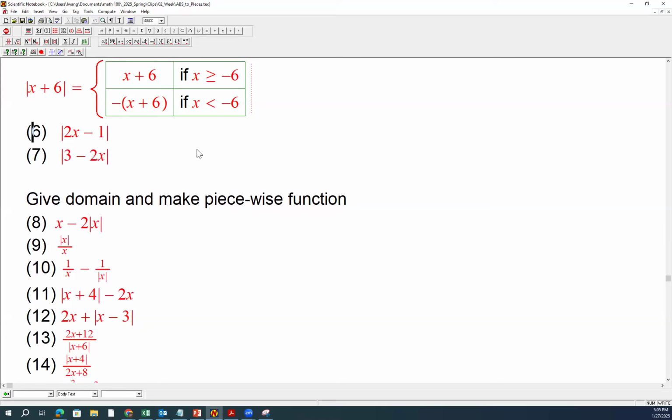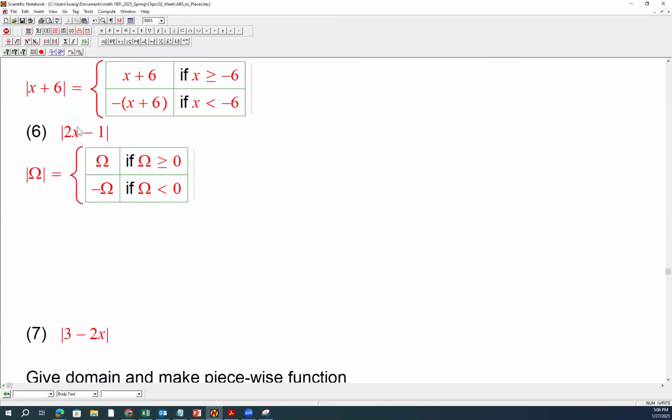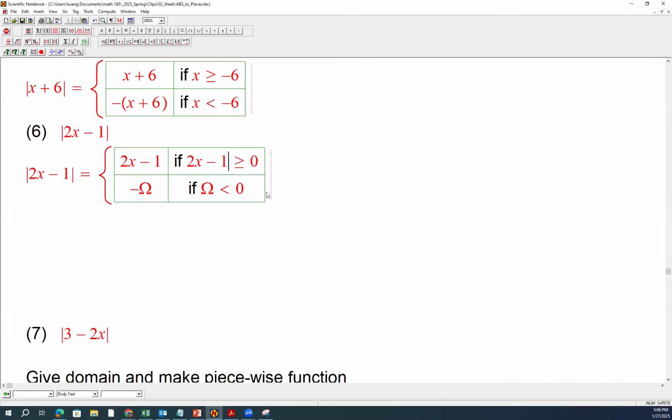2 more. 2x minus 1 is in the place of omega. So the absolute value of 2x minus 1 is the same as 2x minus 1 if 2x minus 1 is greater than or equal to 0. The absolute value of 2x minus 1 is its opposite if 2x minus 1 is negative.